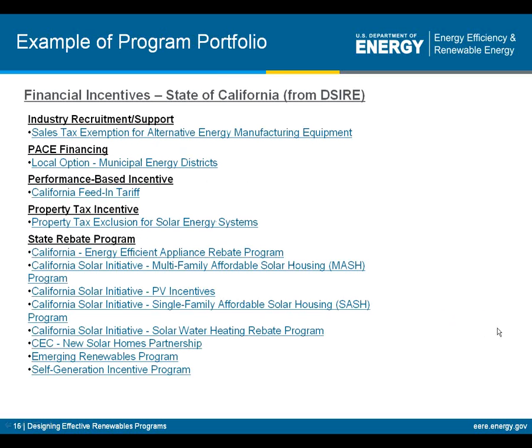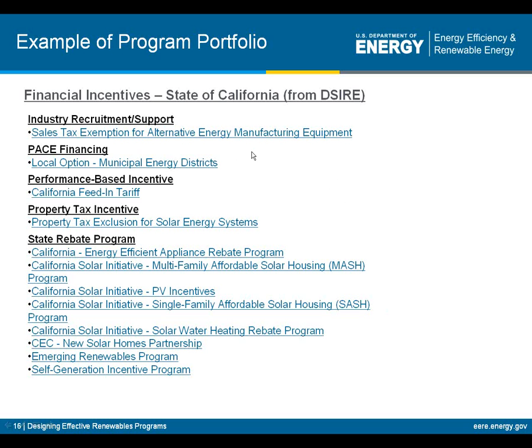And this is just an example, of course, of a very well-funded and mature state program. The state of California has been offering support for renewable energy projects for quite a long time. They have a lot of money that they put into this. But you can see that they have designed many different types of programs specifically to provide support that really matches the need in different sectors of their jurisdiction.